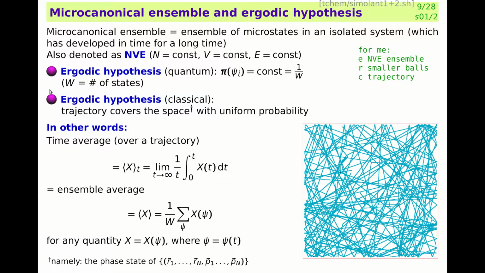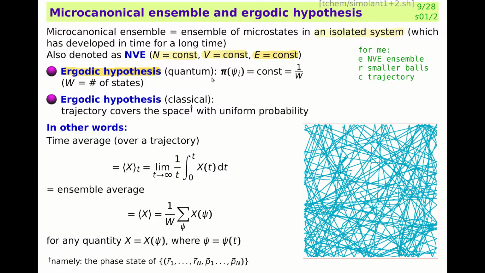The simplest ensemble is the microcanonical ensemble. It corresponds to an isolated system. That is, I have a system of molecules, and the number of molecules doesn't change, it is constant. The volume of the system doesn't change, and the energy is constant. There is no heat flow, no work. And I postulate the so-called ergodic hypothesis.